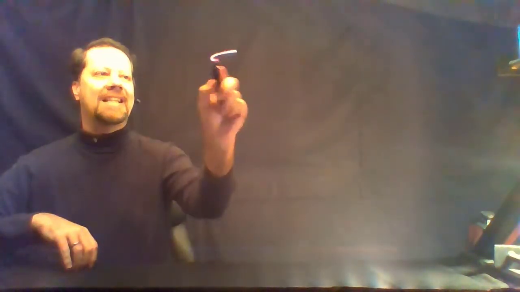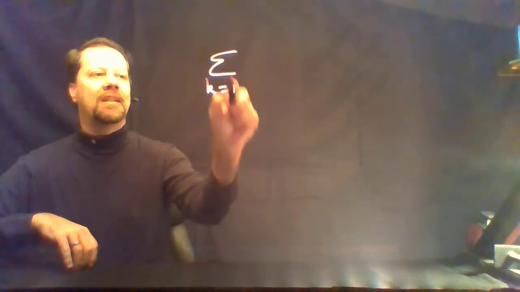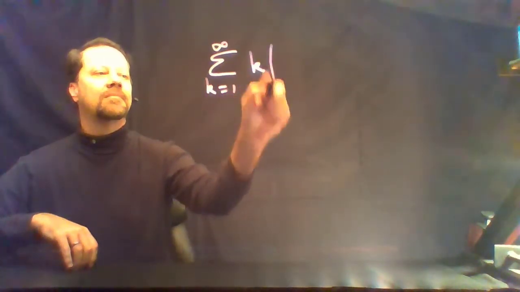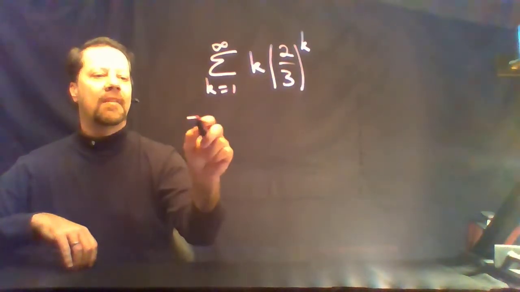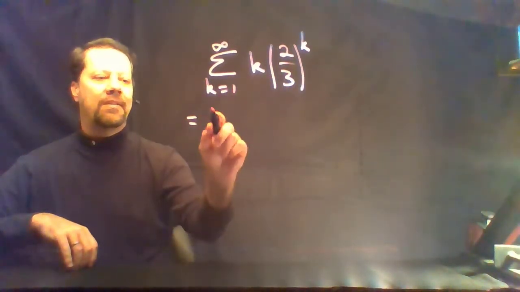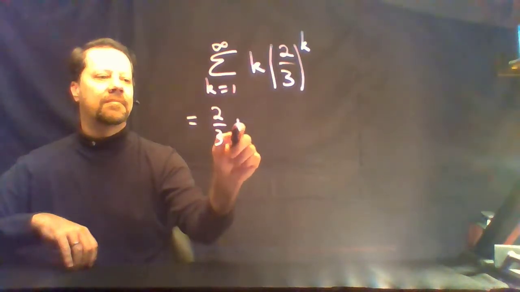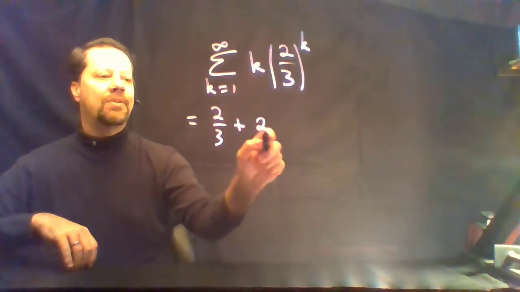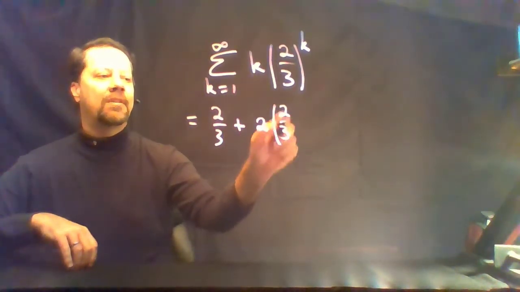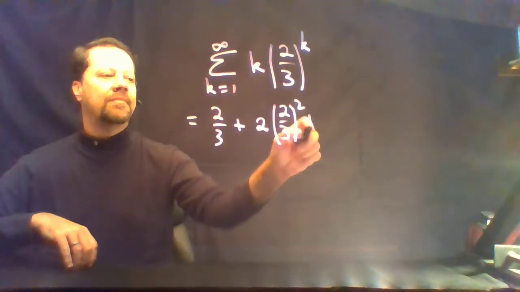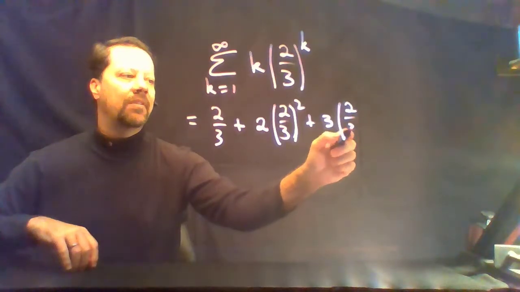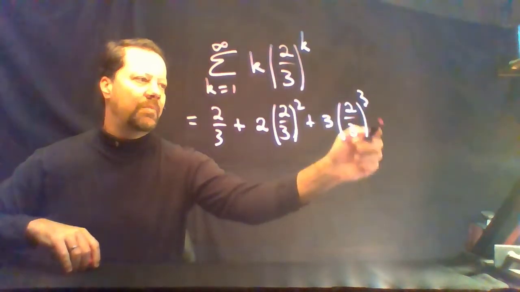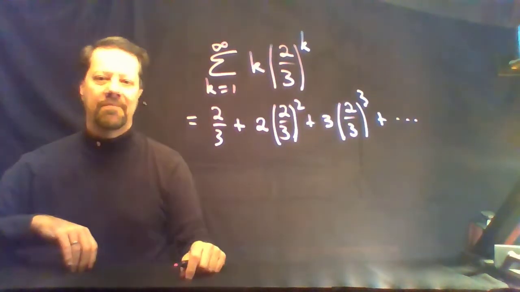It might be interesting to analyze this last example in a little more detail. When k is equal to 1, you get 2/3. When k is equal to 2, you get 2 times 2/3 squared. K is 3, 3 times 2/3 cubed, and so on.